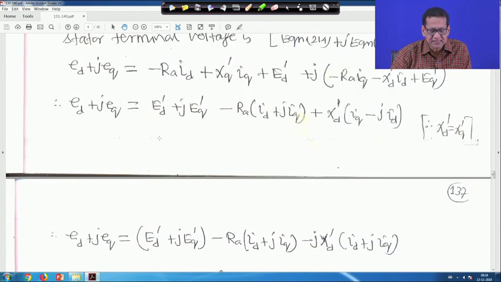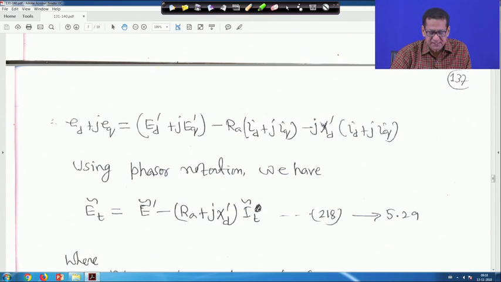Using phasor notation, we have E t tilde is equal to E dash tilde minus R A plus j x d dash into I t tilde. This is equation 218.